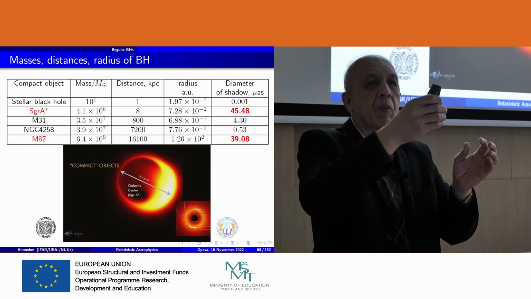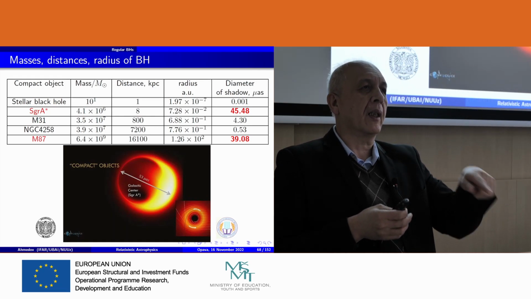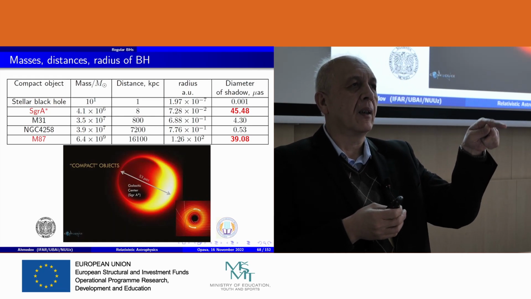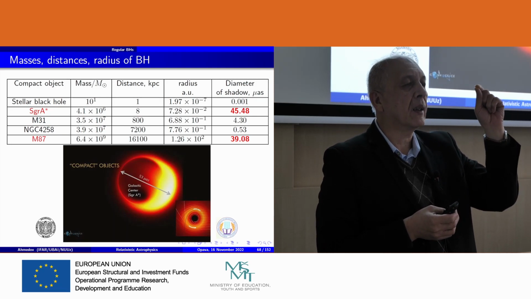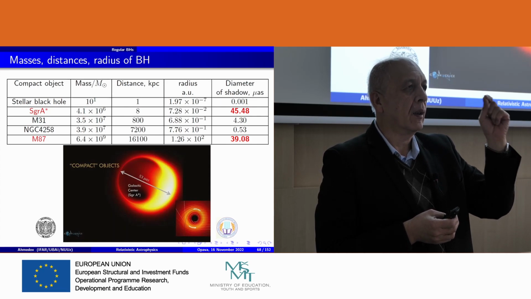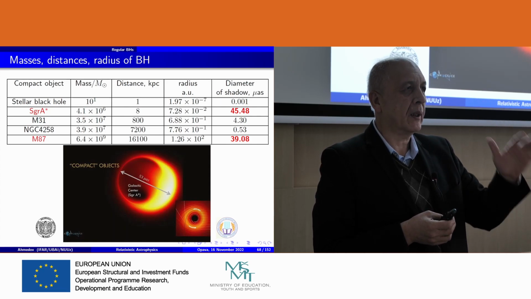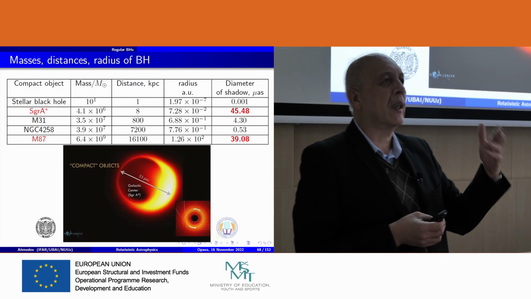When you come very close to the black hole, this speed should increase. When you come to the innermost stable circular orbit, the speed of the particle becomes equal to c/2. So it is a very high speed, and then the particle cannot survive.